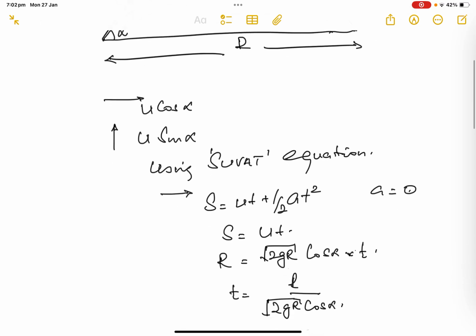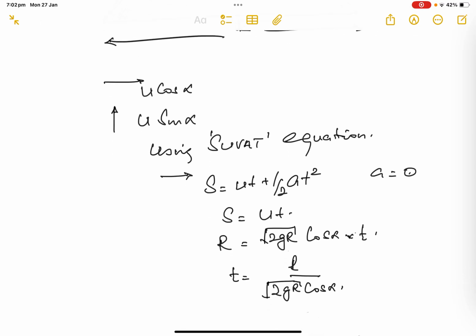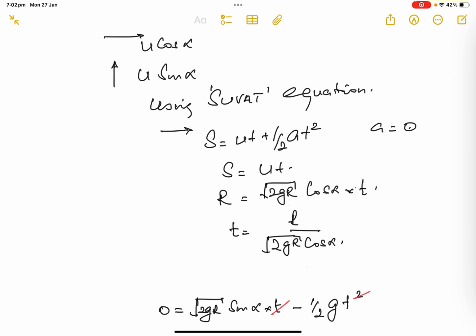Using the Newton-Suvat equation S equals ut plus half at squared. Horizontally there won't be any acceleration, the velocity wouldn't change, so a equals 0. So the equation becomes S equals ut.